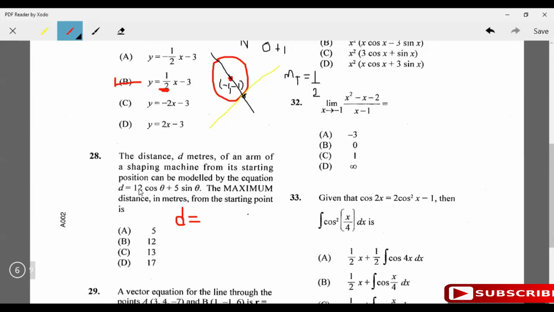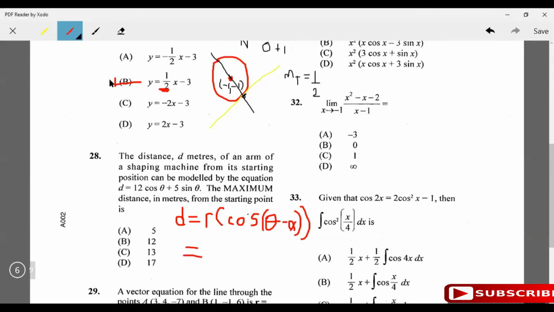So remember, we can always rewrite something from the form A cos theta plus B sin theta to R cos theta minus alpha, right? We can always rewrite it in that form where R is equal to the square root of A squared plus B squared.